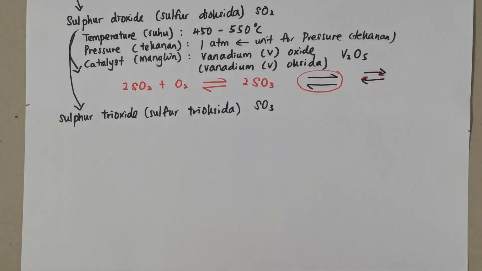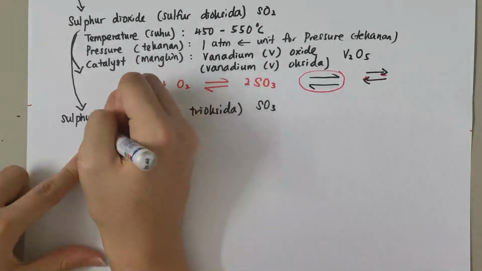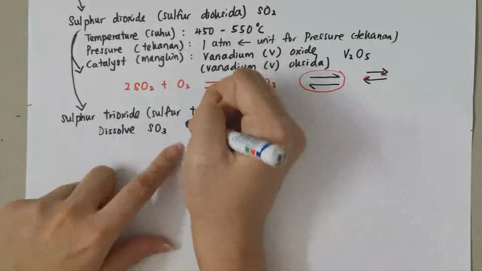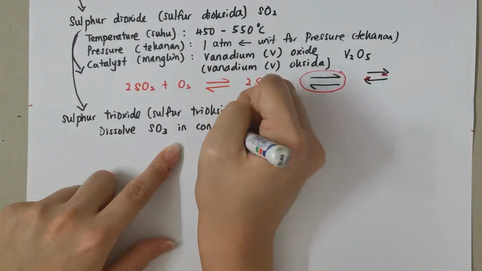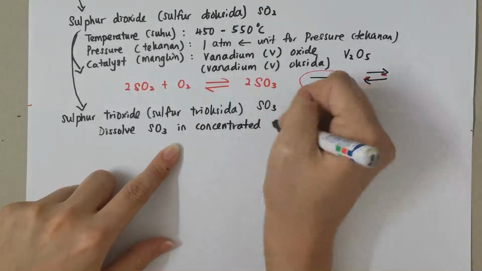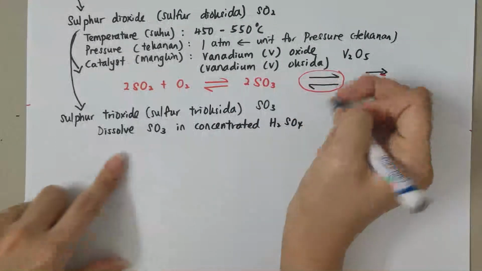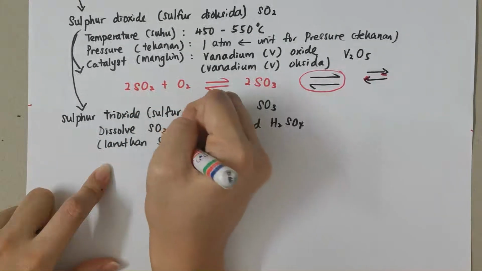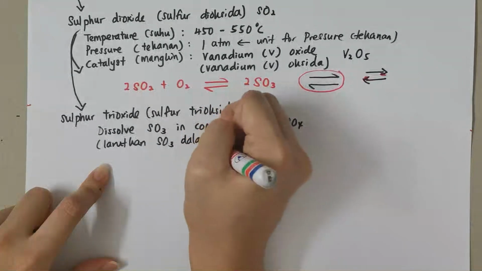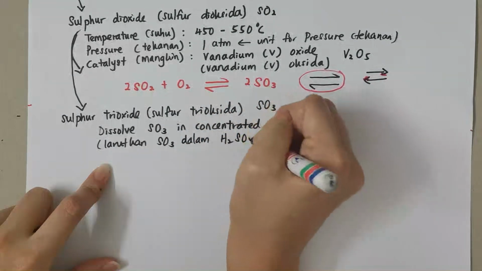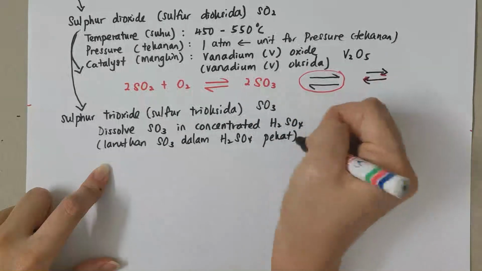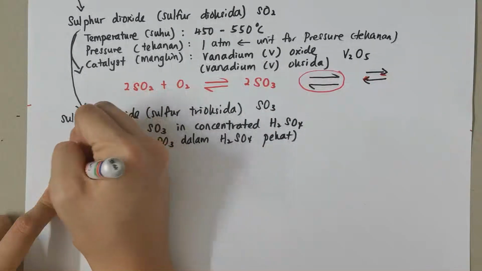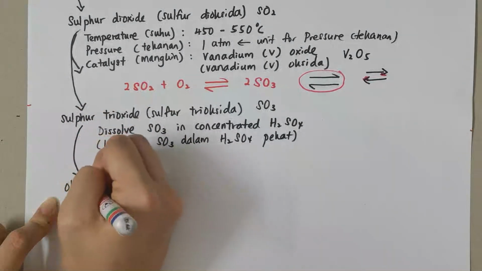We dissolve SO3 in concentrated H2SO4. Kita akan larutkan sulfur trioxide dalam H2SO4 pekat. After it dissolves, it will form something called oleum.